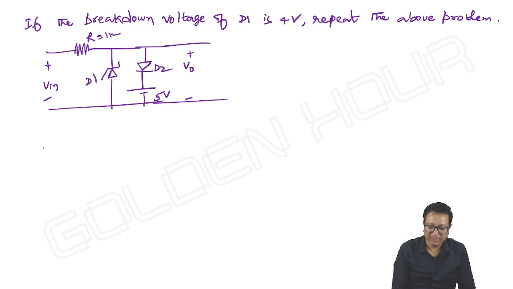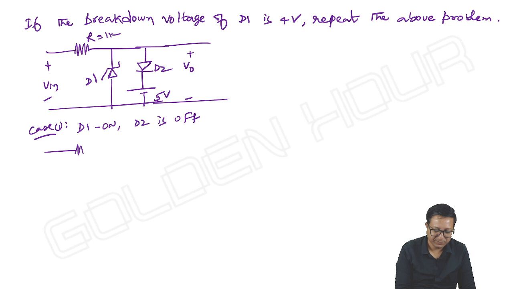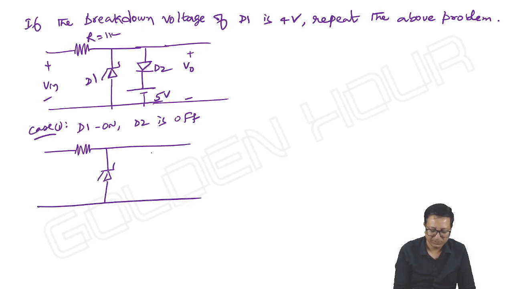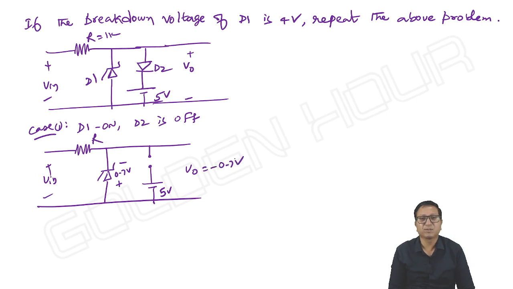As usual, input is negative. Case 1, I can take D1 is on and D2 is reverse bias or off. Then it maintains 0.7 volts from anode to cathode, and output is equal to minus 0.7 volts.